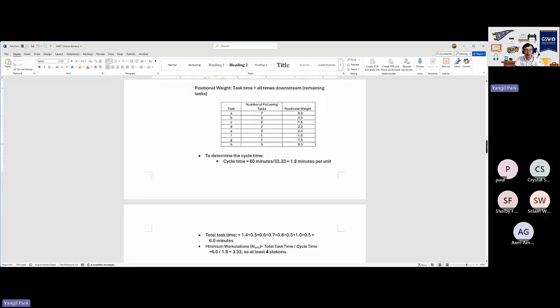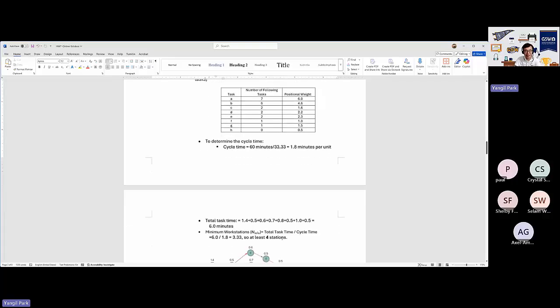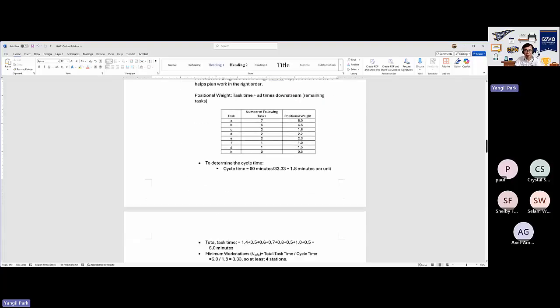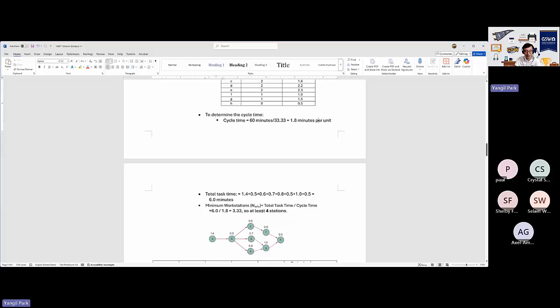right? Then what's the total task time, which is given? So you add them up, all those numbers, which is number of minutes, then you have 6 minutes exact. So that's the total task time. All right, so we have those two numbers, cycle time and total task time.